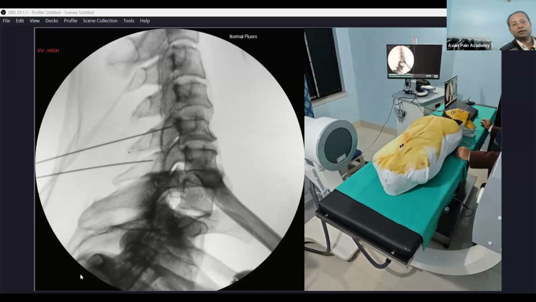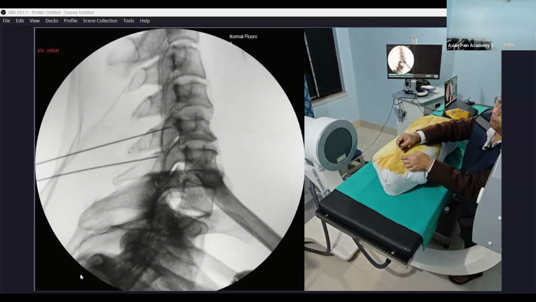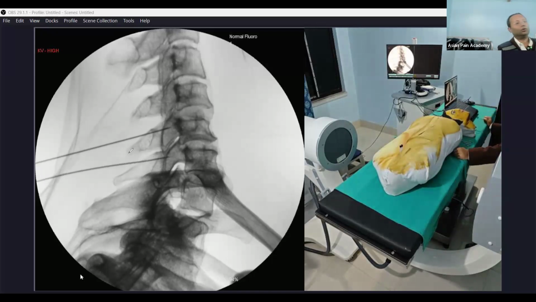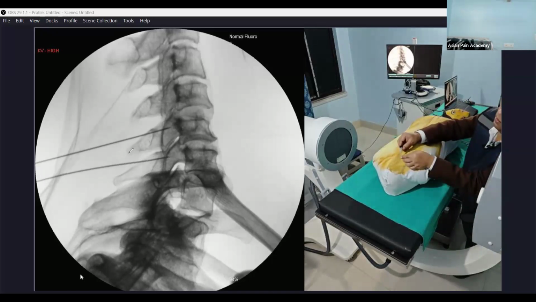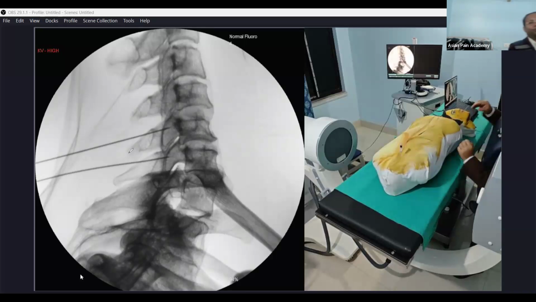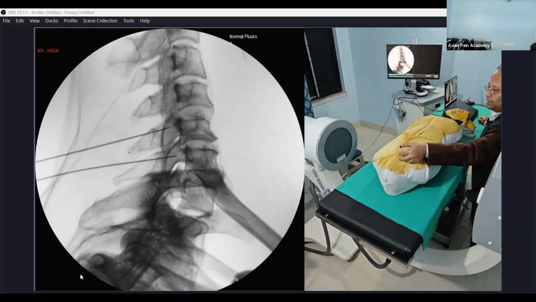Okay. So this is also going in the right part. Okay. So both the needles have reached the right area.